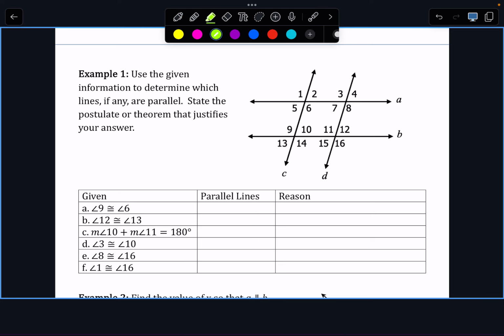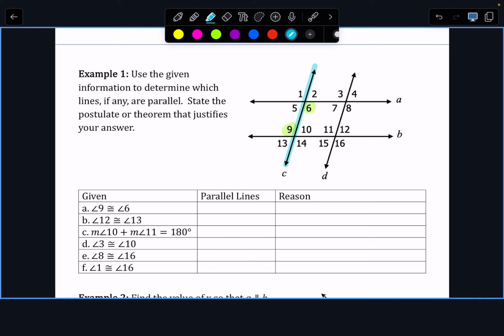So here is angle 9 and here is angle 6. My first question is, do they both touch one line as a transversal? Yes. Who's the transversal? C. What kind of angles are 6 and 9?